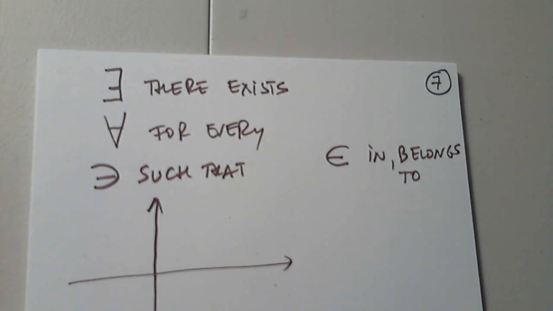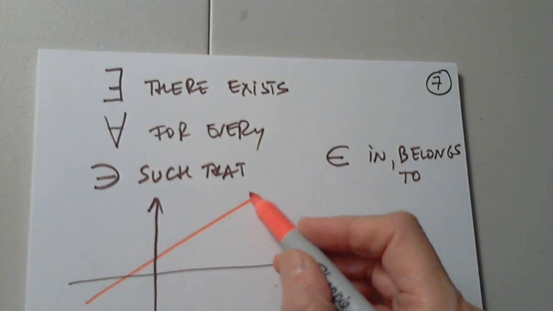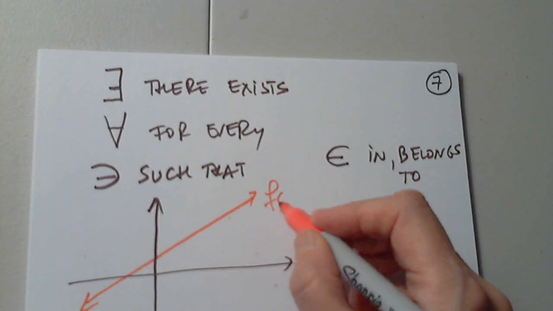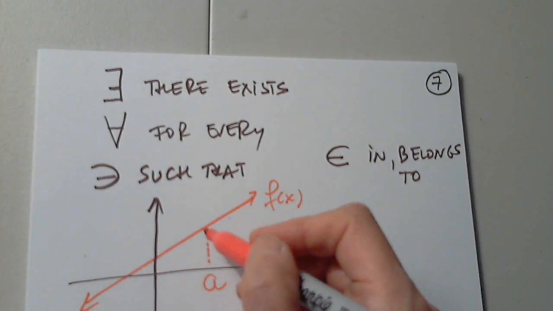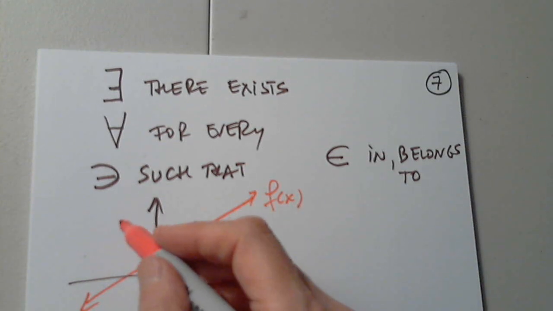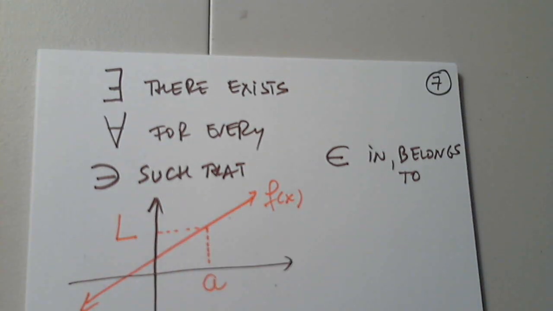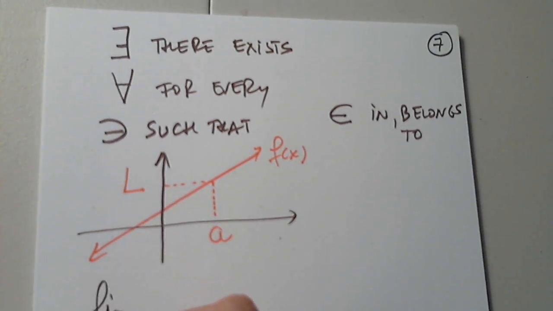So here's the function. I promised linear function, so I'm just going to graph a linear function. So this is f of x. This is a. And this is our favorite L. So can anyone help here with a limit?